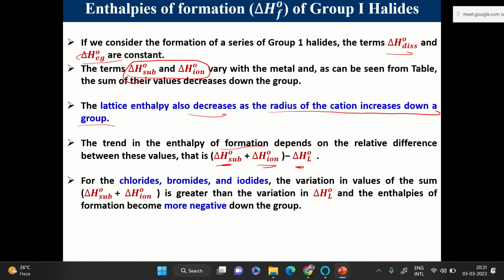So what will the overall trend be for chlorides, bromides, iodides? What happens? This term, delta H sublimation plus delta H ionization, is a much bigger change, right?